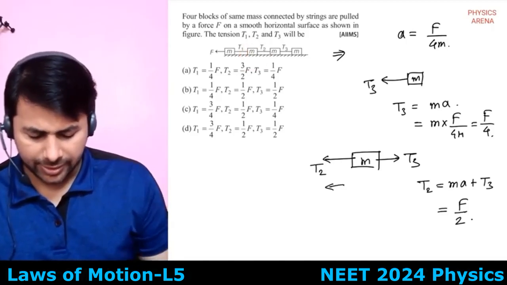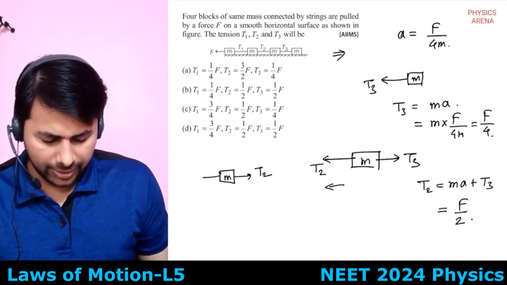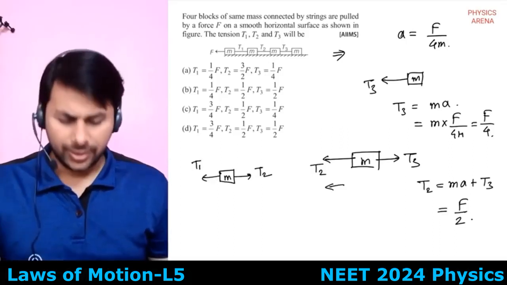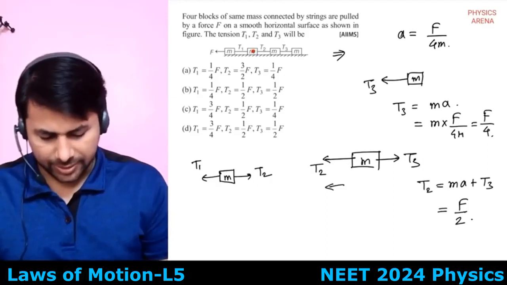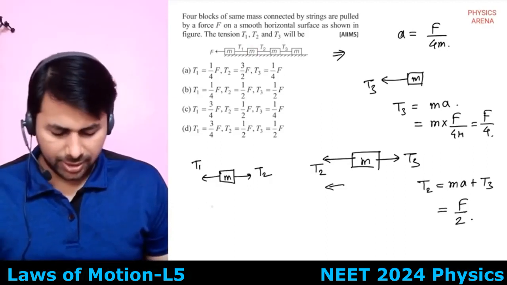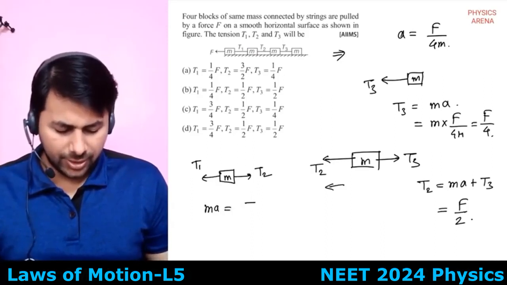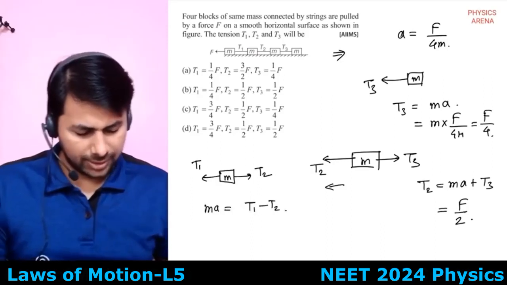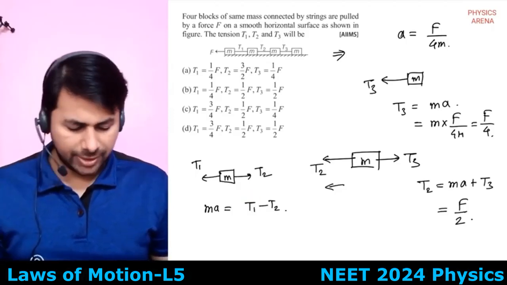So let's consider this mass. You have T2 and T1. Again, using the same thing, for this mass, T1 minus T2 will be equal to Ma. So Ma equals T1 minus T2, and then you can find T1, which will be equal to Ma plus T2.